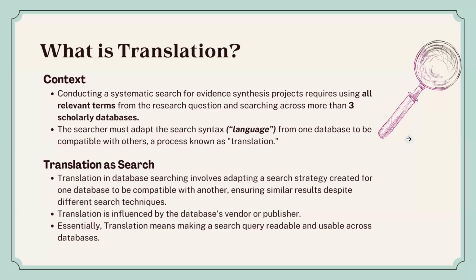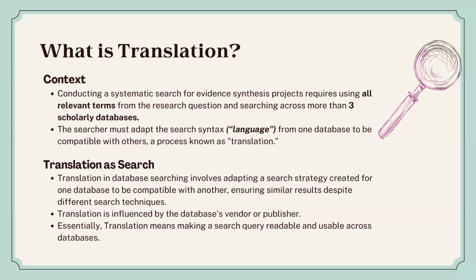Okay, so what is translation? Translation is something we usually refer to in terms of systematic reviews and other evidence synthesis projects. Every database speaks a different language, I say, right? PubMed uses MeSH, which we'll talk more about later, but Embase uses Emtree. And some databases like Web of Science don't use any subject headings, right?